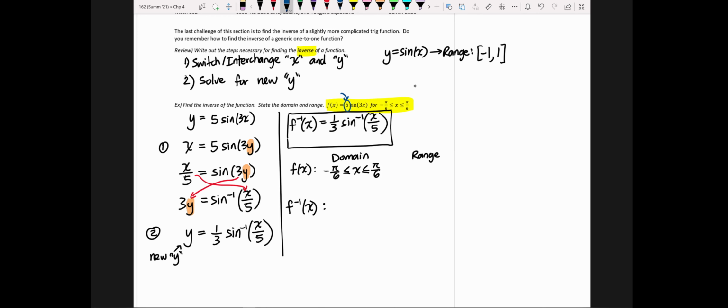Okay, let's check with the class. How does multiplying sine of x by 5 affect the graph? Is it a vertical stretch, horizontal stretch, or is it shifting up, down, left, right? It's a vertical stretch. That's right. It's a vertical stretch by a factor of 5.